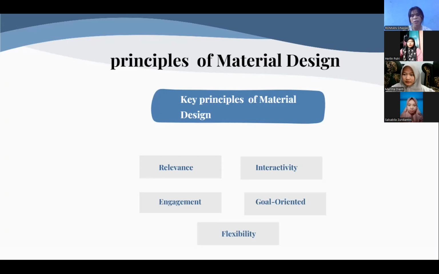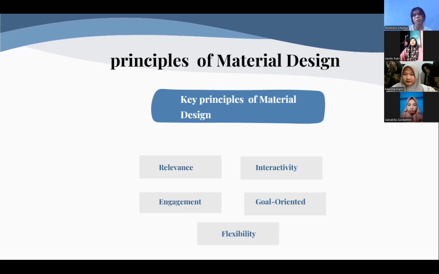And then interactivity. Here the students should actively engage in learning through discussions and also presentations. And then goal orientation. It means that the material should support the achievement of learning objectives.